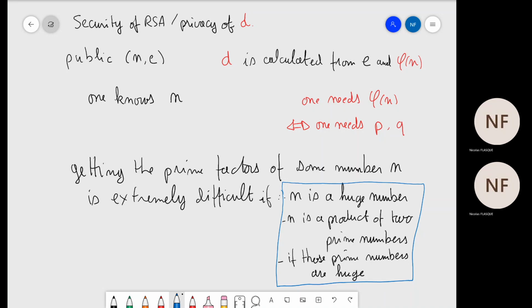That's why the privacy of the private key D is qualified as secure with regard to RSA. So it's impossible to get the value of the private key from the public key. That would be the conclusion of this example.